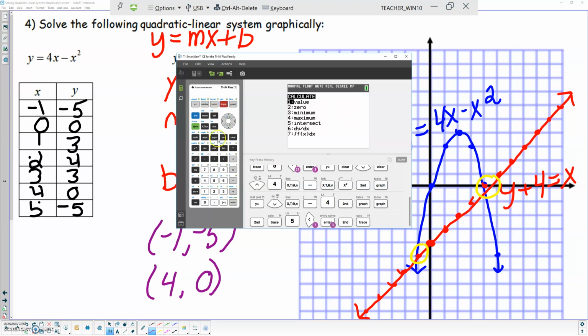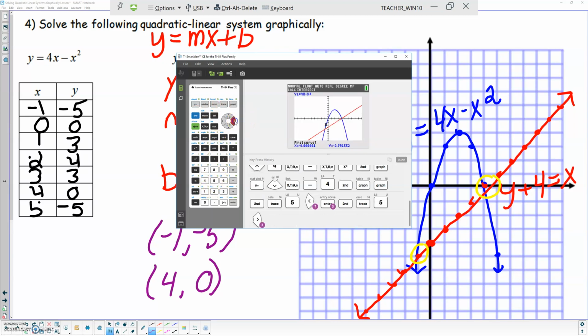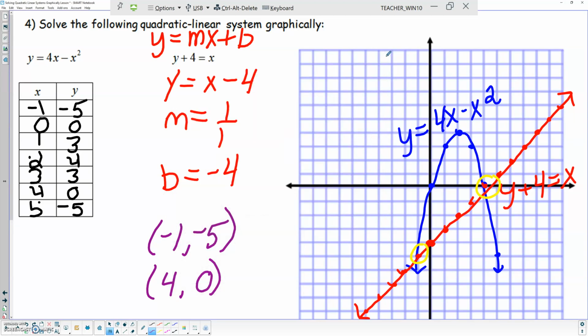Hit second trace, option 5, intersect again. Move the little blinker over to the other point of intersection. And hit enter 3 times. So we get 4, 0 as our other point. Okay?